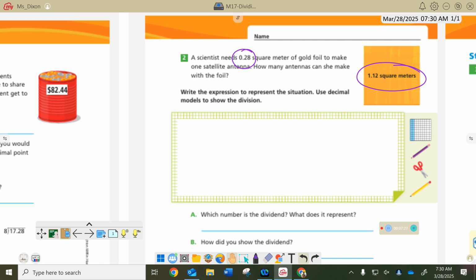First, we want to write the expression and use a decimal model to solve the problem. So what would our expression look like? Well, don't you forget that what she has is going to be your dividend, and how she shares it is going to be your divisor.